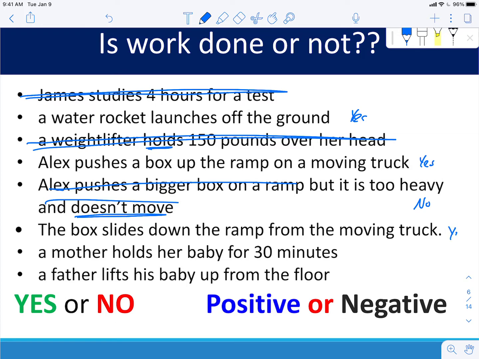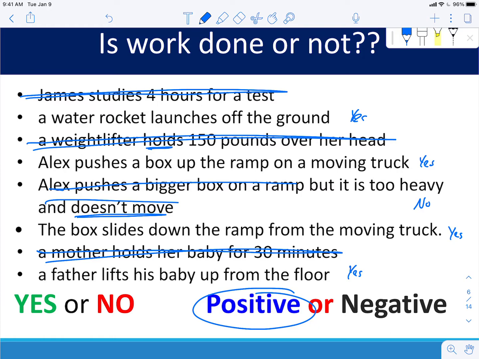This would be yes, and it's actually work in a negative direction for this case because it's decreasing the amount of mechanical energy. All right, so we're coming to a lower spot, decreasing that energy. And then a mother holding a baby for 30 minutes. Nope, no work there, no distance. And the father lifting a baby up from the floor. This would be yes. And it would be positive work because it's increasing the amount of mechanical energy.